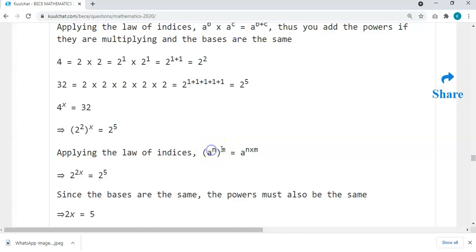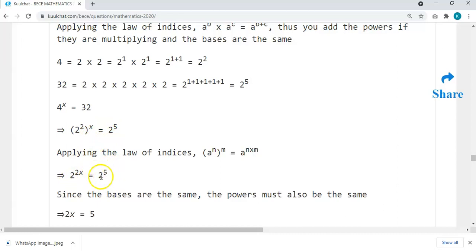So the powers will multiply what is in the bracket. So we have a to the power n times m. In a similar way, this x is outside, so it will multiply the power they have over here. So you get 2 to the power 2x is equal to 2 to the power 5.